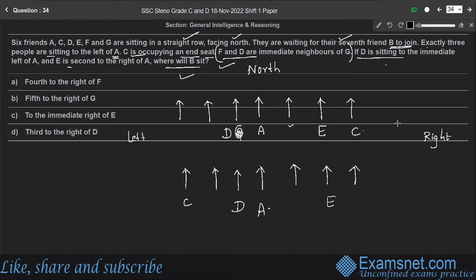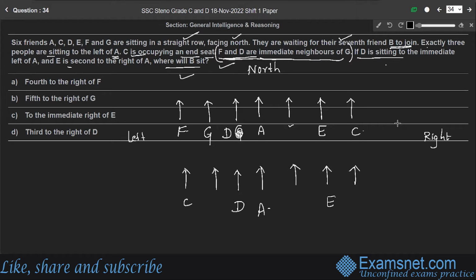Then where will B sit? We missed this part: F and D are immediate neighbors of G. Therefore, F is the first person in case 1, and G is the second person, so this condition gets satisfied.